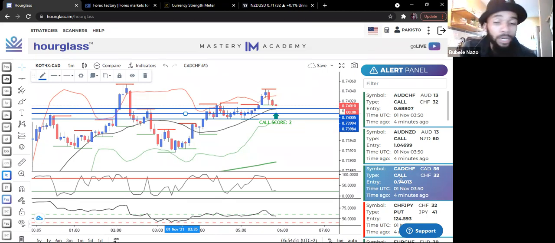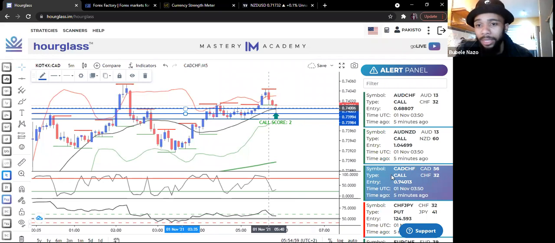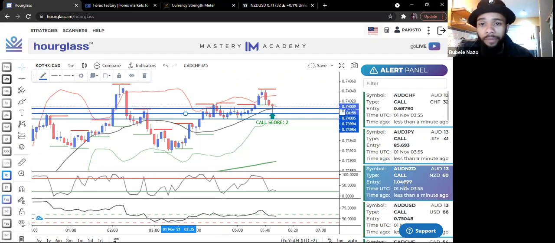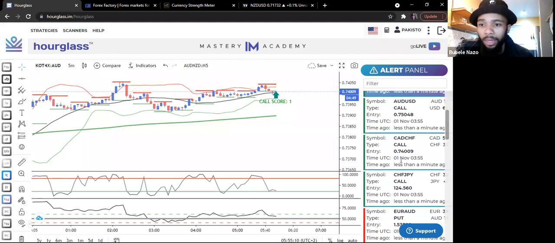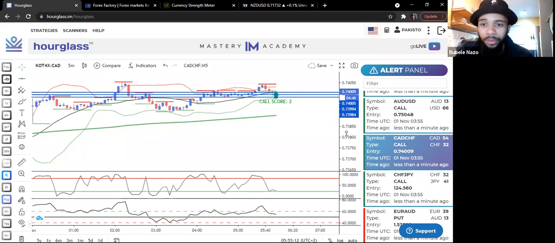We're going to look and see what price is going to start doing and how it's going to start moving. Currently right now, price is just galloping to the upside, pushing heavily to the upside. So let me just go back there. I think with CAD CHF, yes.